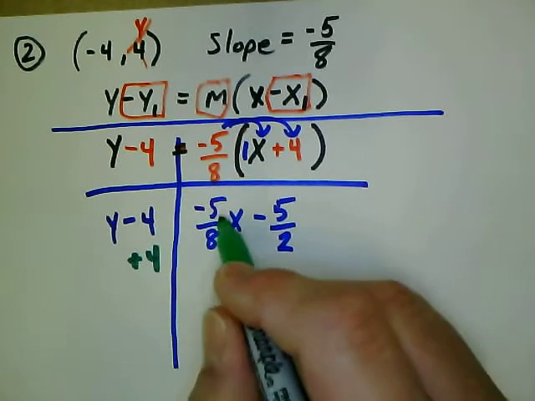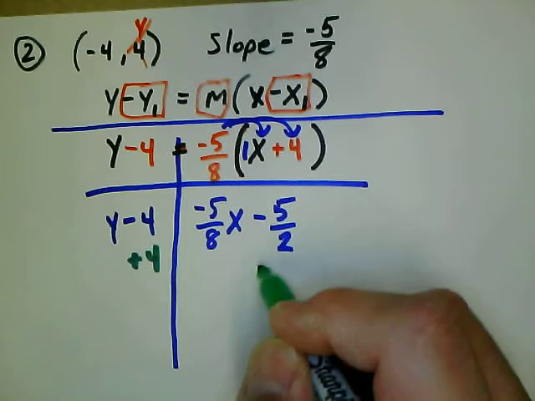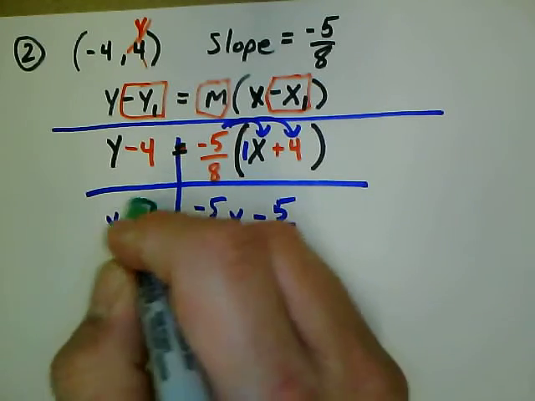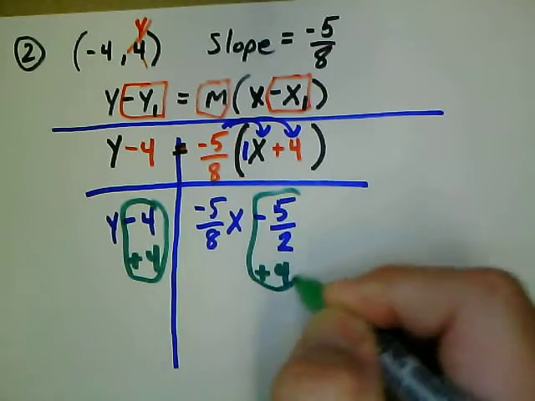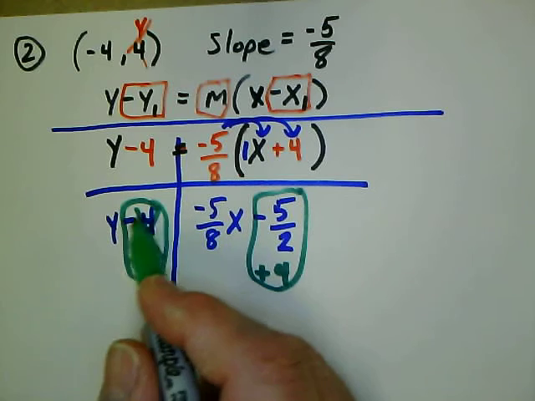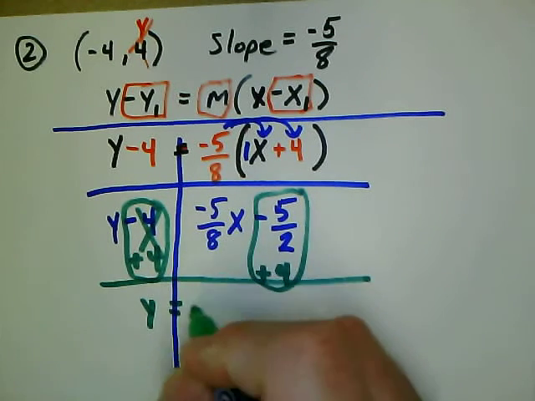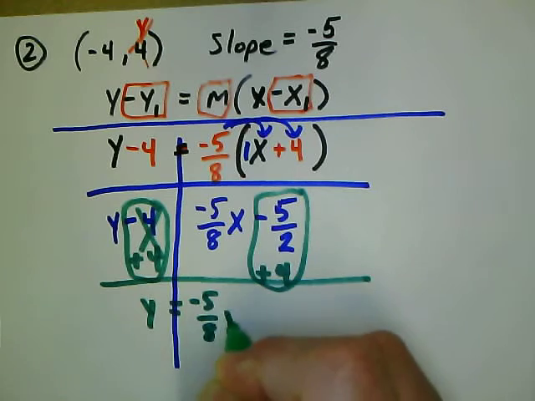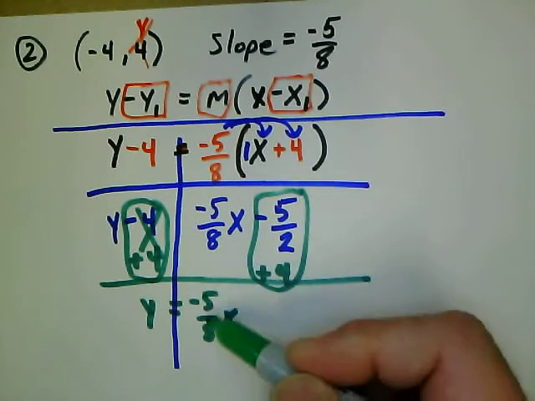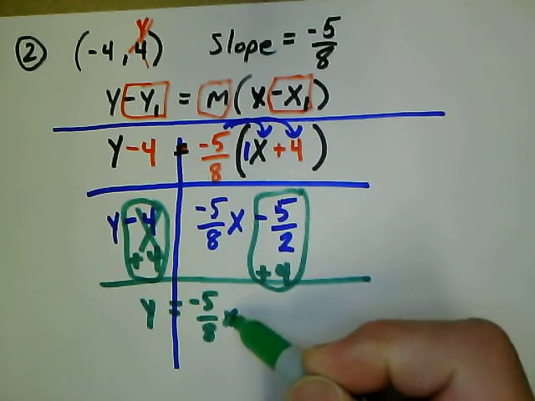But I don't add 4 to the x part. I add it to the constant part. This is where you're going to have some calculator play once again. By the way, -4 plus 4 is gone. We're left with y equals. This is going to remain the same. Slope is slope is slope. We have to have the same slope here.